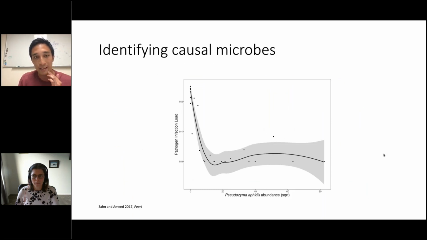All you have to do is correlate pathogen infection load with whatever taxa are abundant at the low infection loads, and then if you are able to isolate those, you can use them in follow-up studies to test if they are actually inhibiting the disease. So, yeah.